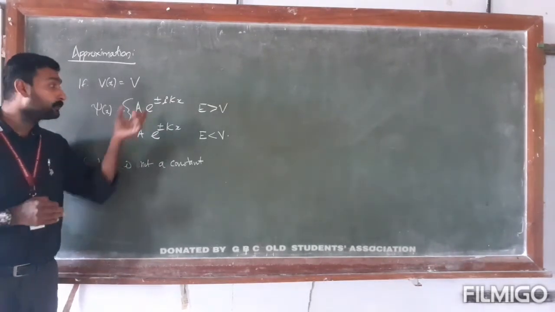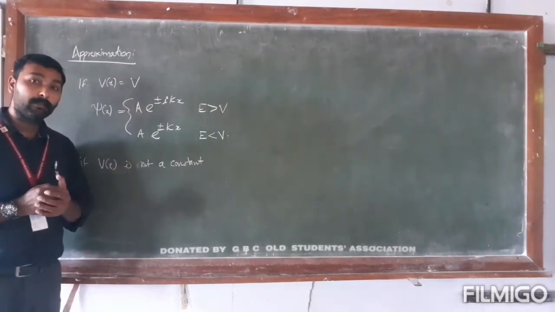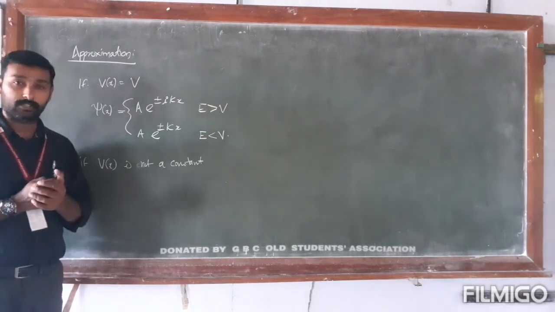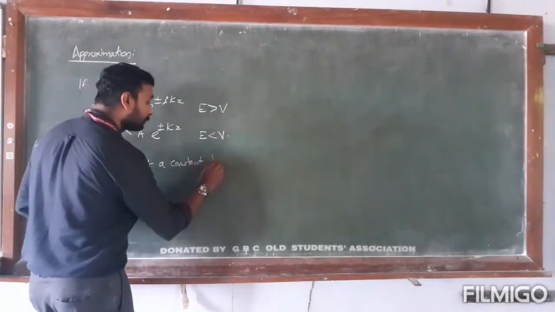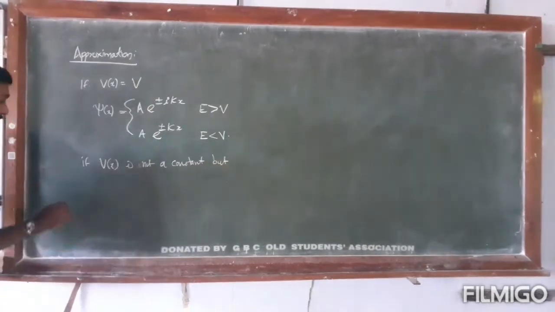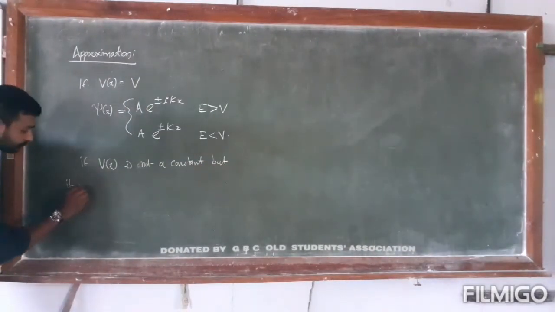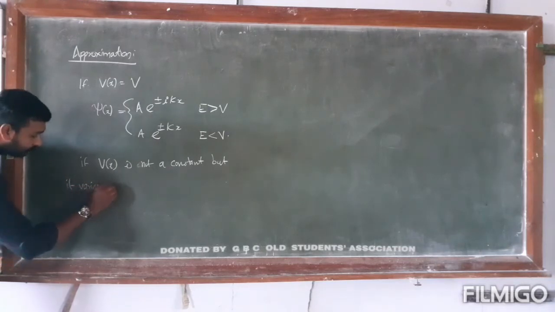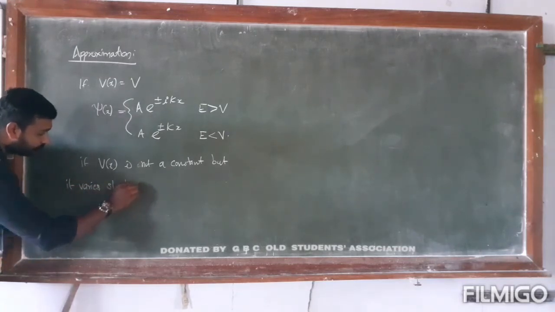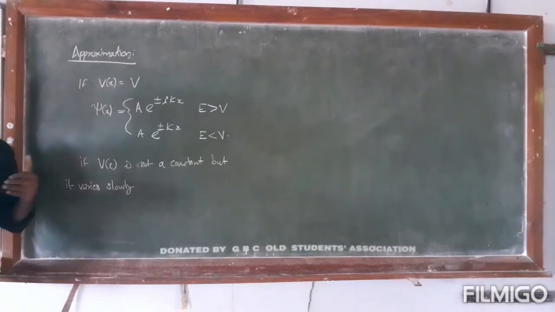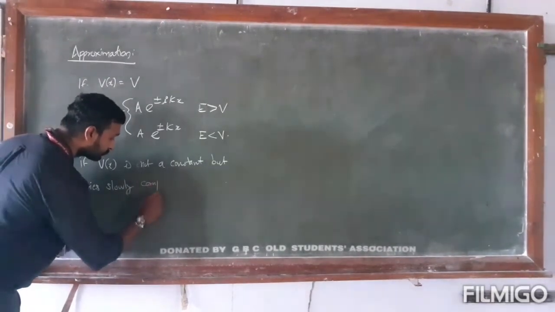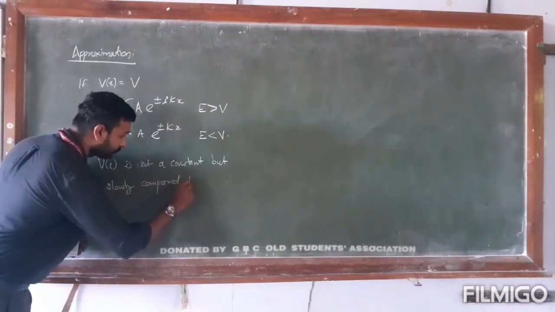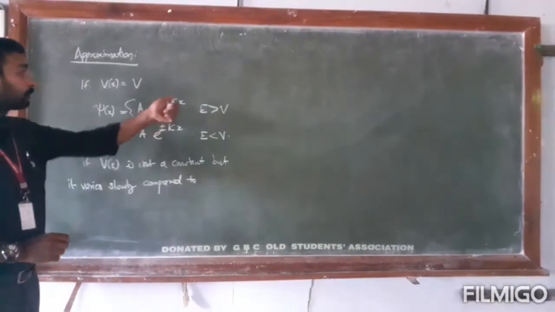But we can still use this form if the potential is almost constant, that is, if V of x is not a constant but varies slowly. Very slowly means it should be compared to something else, so it varies slowly compared to the value of 1 by k.